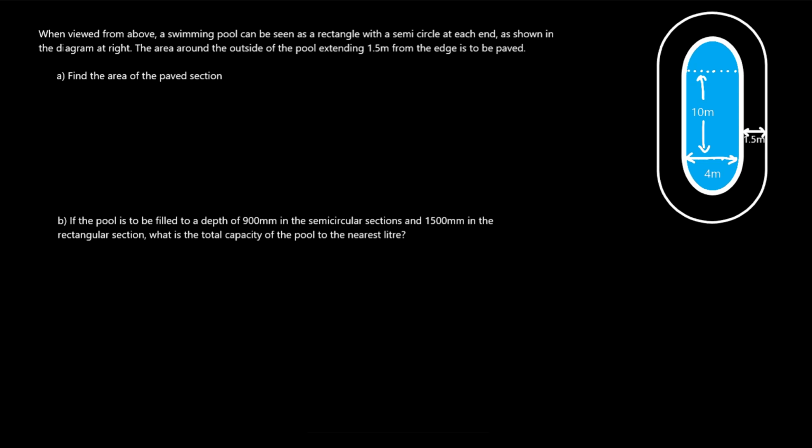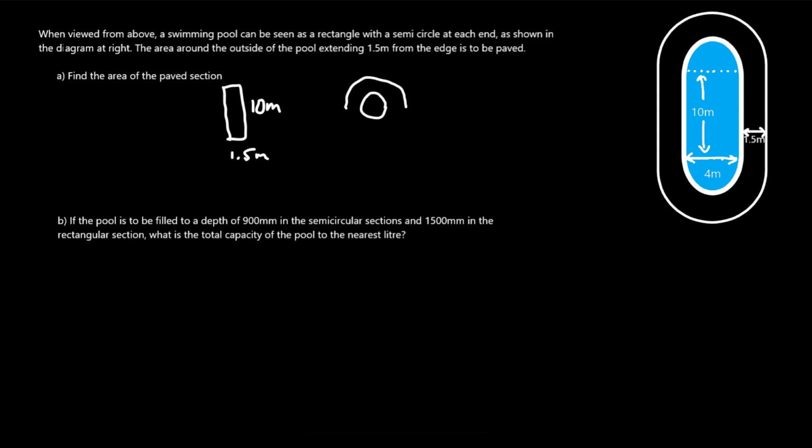Okay. Well, if we look at this outside edge, we can see that we've got two vertical rectangles, and one is just 10 meters tall and 1.5 meters wide, and we've got two of them. And also we've got a circle inside of another circle.